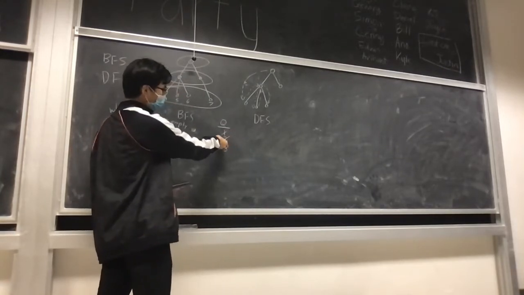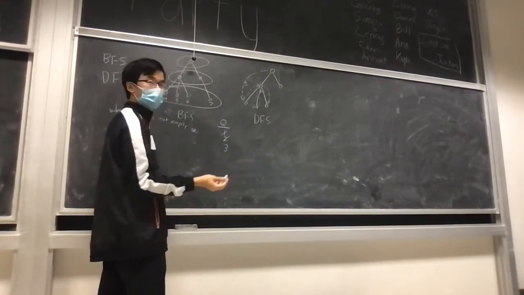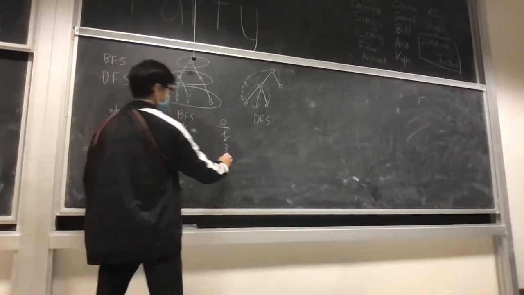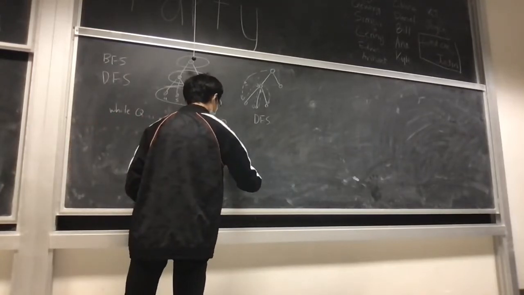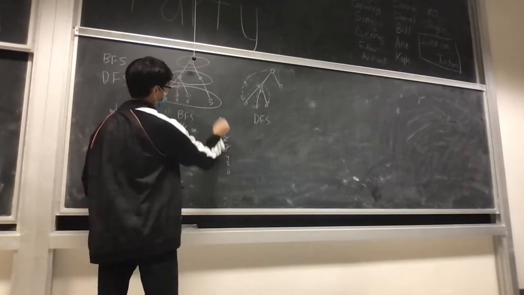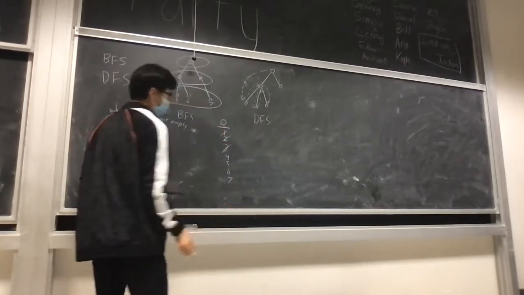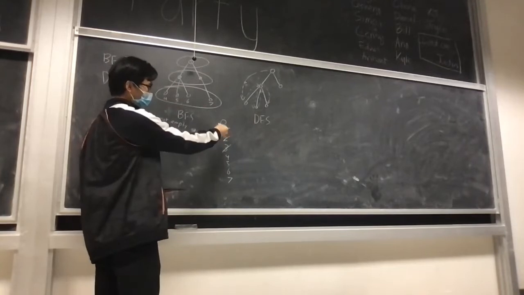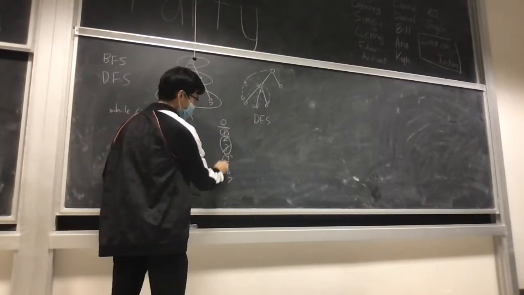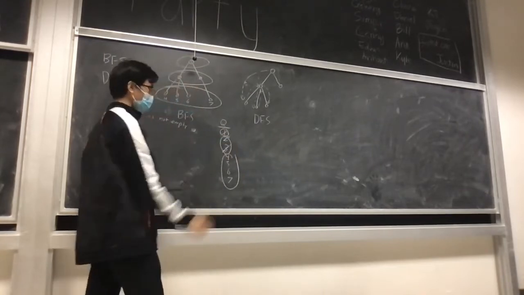We mark that as processed, and then you check the neighbors of 2. So it's 4, 5, and 6. And then we get to 3, we do the same thing, so we have 7. Do you see that because we have a queue, this is one depth, this is one depth, this is one depth? Okay, that makes sense. Yeah.